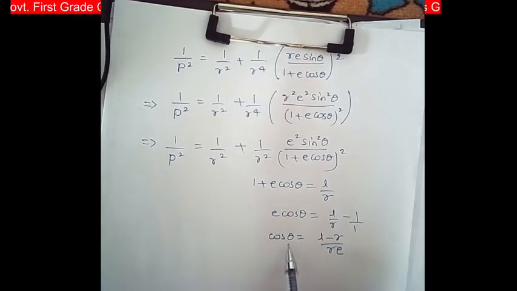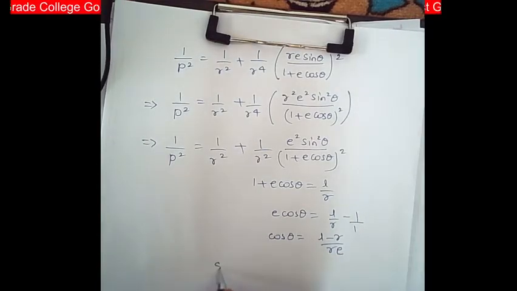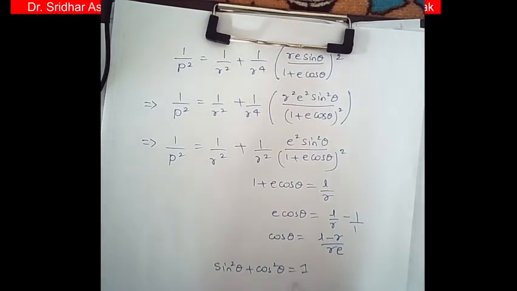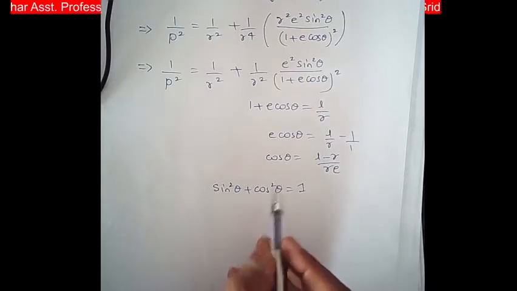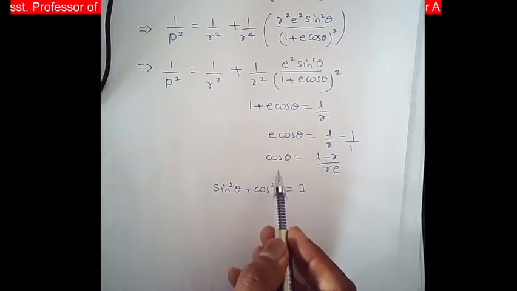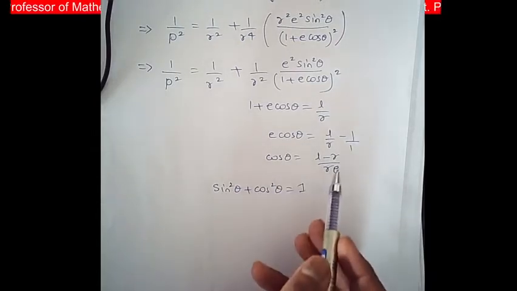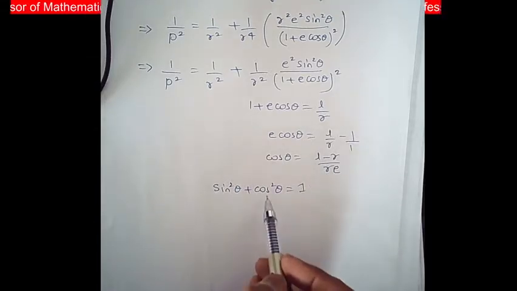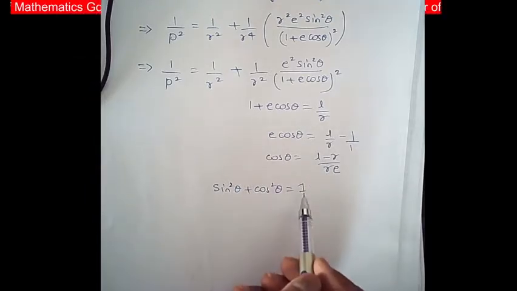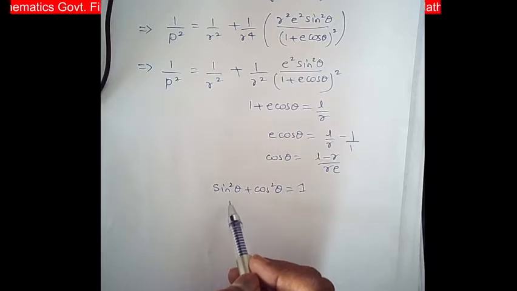When I obtain cos theta, I can find sin theta very easily, because we know that sin square theta plus cos square theta is equal to 1. So I substitute the value of cos theta here and simplify, and I will get the value of sin theta.